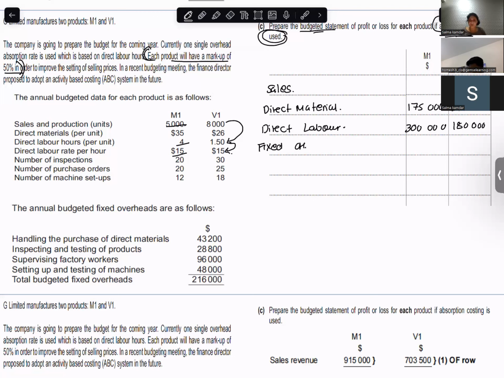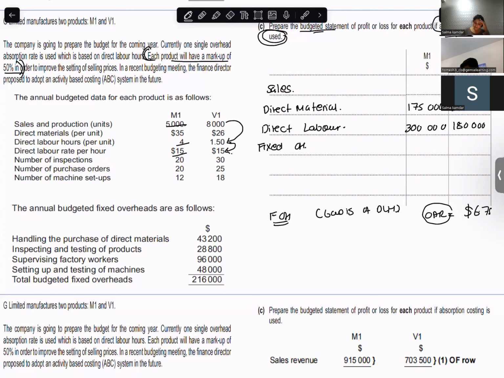Fixed overheads is absorbed on the basis of direct labor hours. So for M1, what is the OAR? The overhead absorption rate is $6.75.